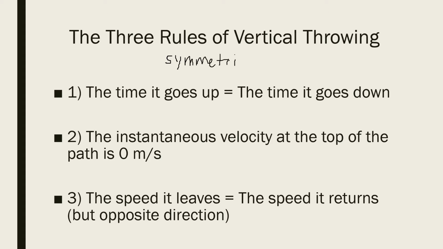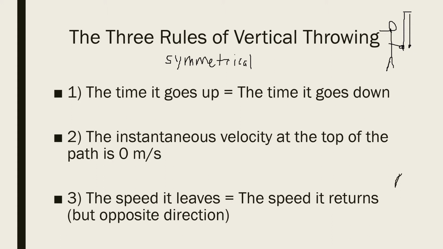We will only deal with symmetrical vertical throwing problems in this class, meaning that we will never have a situation where you throw something up and it won't come back down to the same spot where you threw it. In case you were wondering, what would asymmetrical vertical throwing look like?